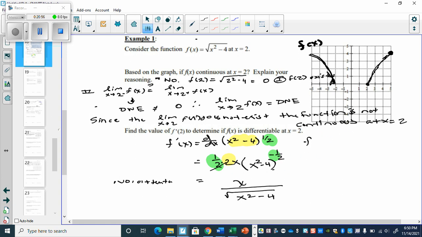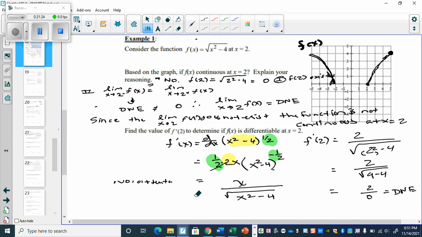So f prime of 2 equals 2 over the square root of 2 squared minus 4, and this equals 2 over the square root of 4 minus 4. This equals 2 over 0, and the derivative does not exist. Therefore, it's not differentiable at 2.